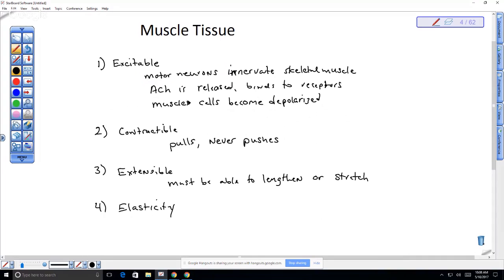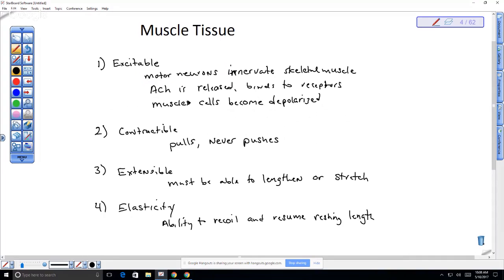And this allows the muscle to come back into its relative length after it has been stretched. So we can say that elasticity is the ability of the muscle to recoil and resume its resting length.